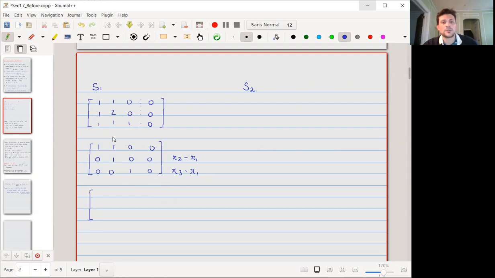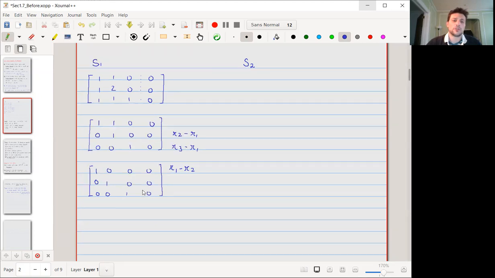We still have to get rid of the extra non-pivot entry in the second column. We can do that by replacing the first row by itself minus the second. So we get 1, 0, 0, 0, 0, 1, 0, 0, 0, 0, 1, 0. This is now in reduced row echelon form.